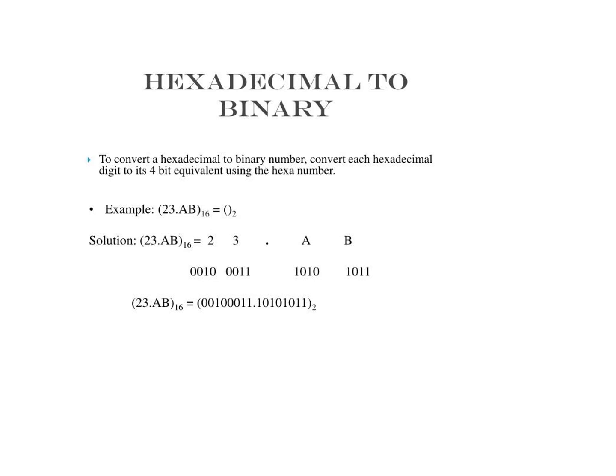Then A equals 10, which is converted into the 4-bit binary number 1010, and B, which is 11, into the 4-bit binary number 1011. Then combine all the values into a single number, that is 00100011.10101011, which is the equivalent binary number.